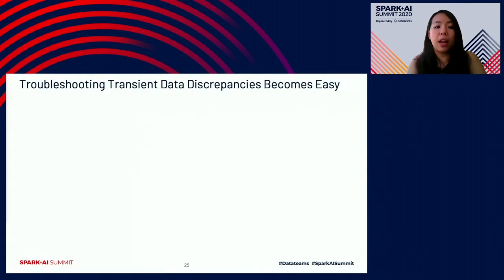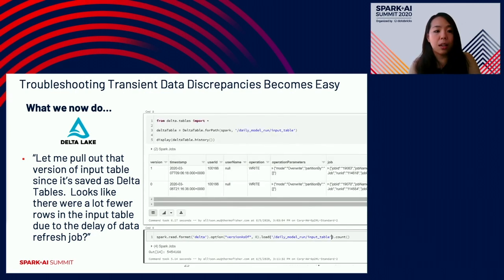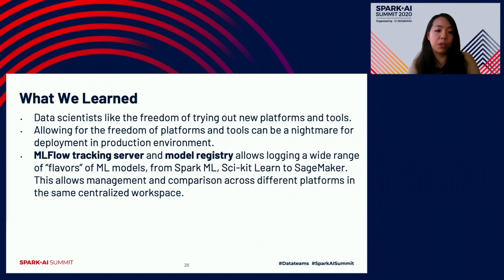What we can do now is, because we version control all our source data through Delta Lake, we can load the specific version that was used for yesterday's model to troubleshoot this kind of problem. It makes that a lot easier. And you can see on the right side that even though it's the same Delta Lake file, we can load the specific version of it.